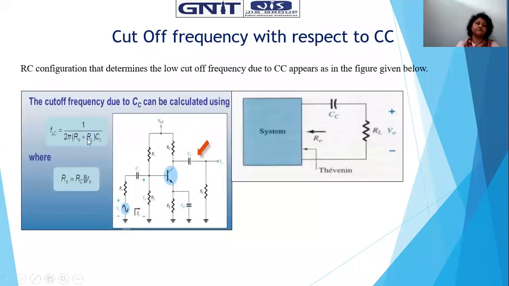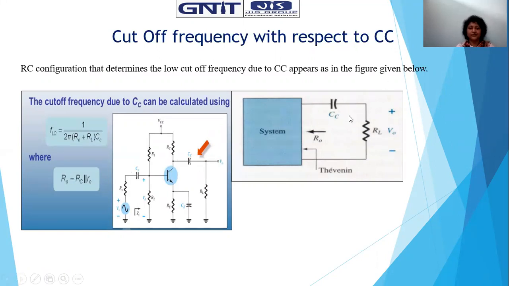Now, we have to determine the cutoff frequency with respect to CC, because previously we analyzed it with respect to CS. Now with respect to CC we will analyze. So let's take the transistorized network as a resistive network along with this CC as a series capacitor involved in this network, in series with RL.